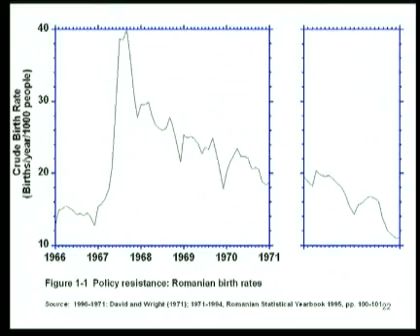The birth rate, births per year per 1,000 people, was extremely low, about 15 per 1,000 in the population. And for various reasons, like national pride and ethnic identity, the low birth rate was considered to be a very grave problem by the government of Romania.